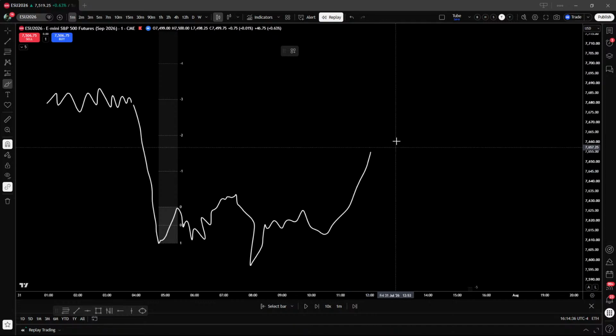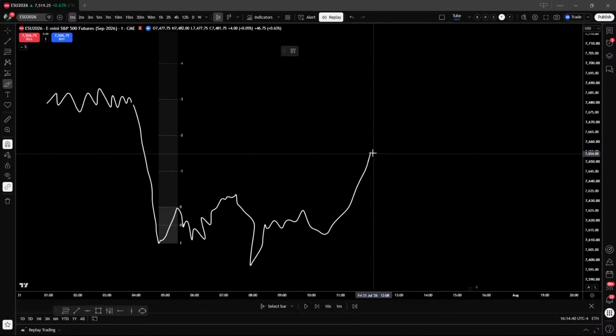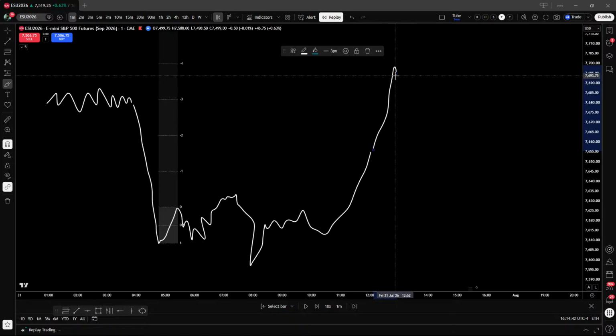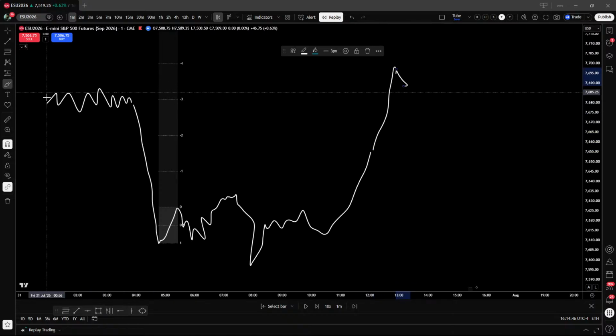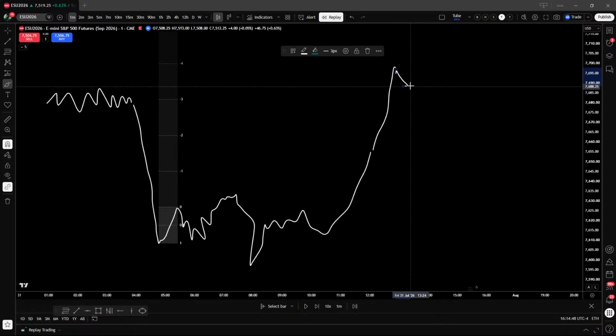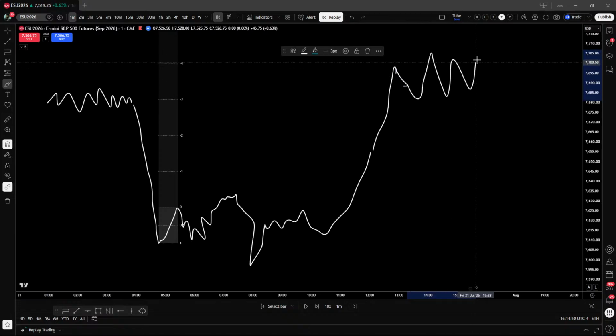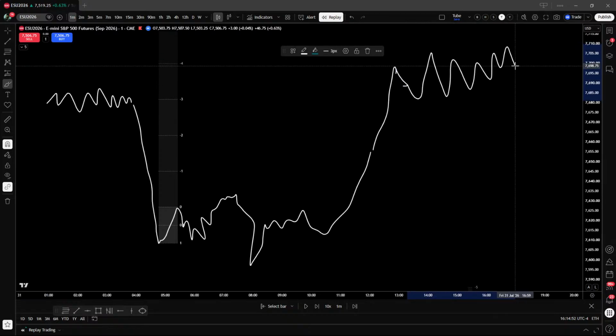I think there is one more accumulation or two, but then price goes above this original consolidation, right? And then probably another consolidation here, right?